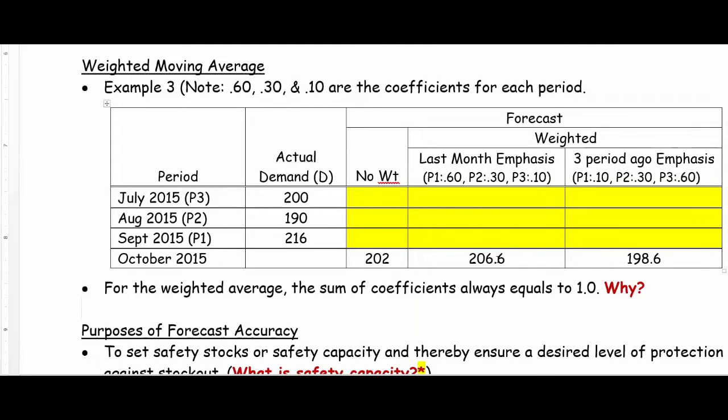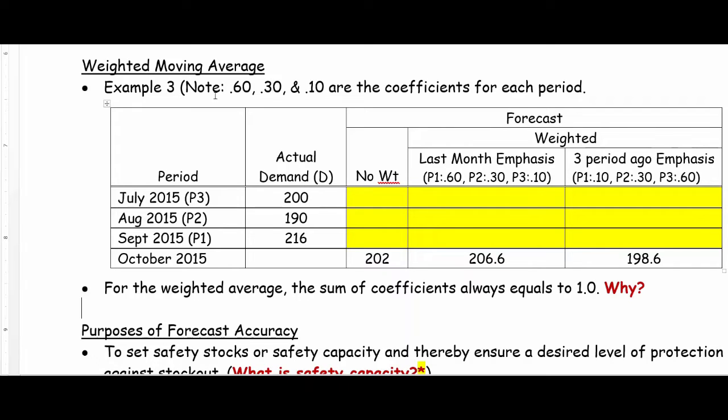If for some reason you think the older data is more accurate than the newer data, let's say it's a little bit more cyclical, you might give 10% to the last month's, maybe 30% to 2 months ago, and 60% to 3 months ago.